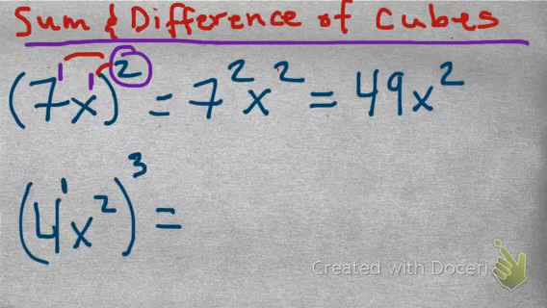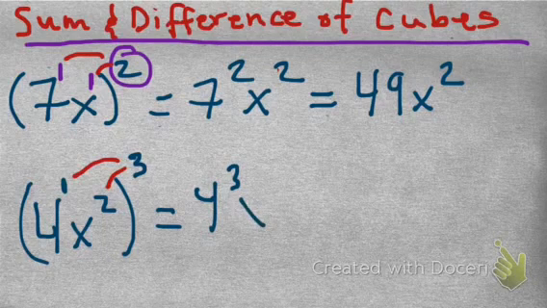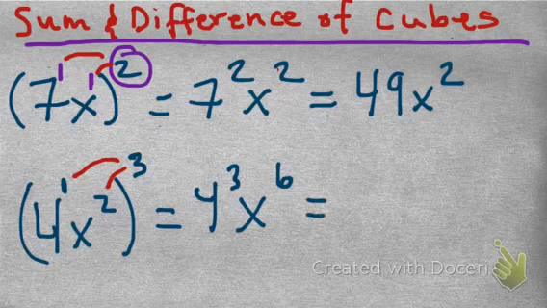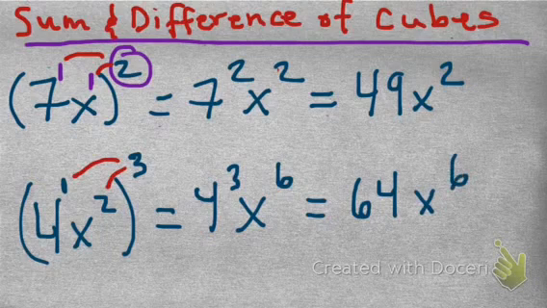I have an invisible 1 there, and then I've got a power 2 on my x, and the 3 is going to multiply into each of those. So we end up with 4 cubed and x to the 6th, because 3 times 2 is 6. 4 cubed is 64, got that memorized, and then x to the 6th.